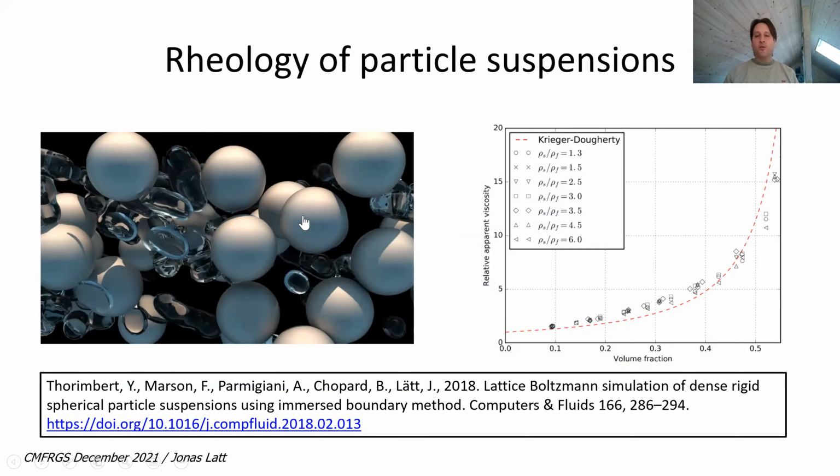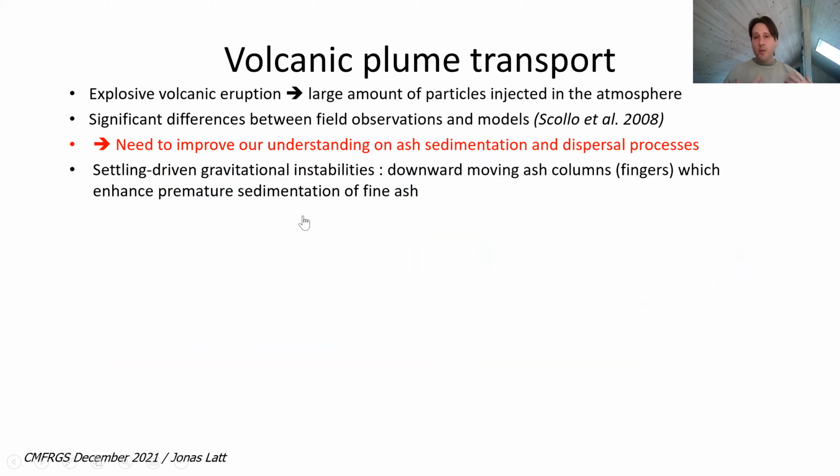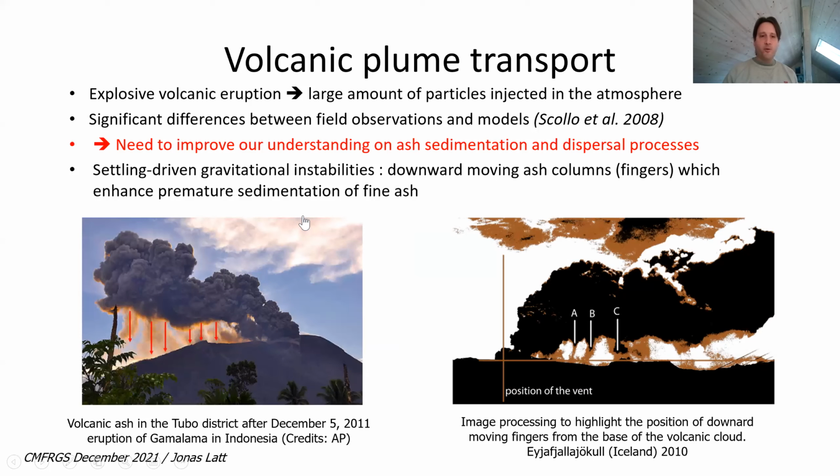The last topic, which we are working on a lot, is transport of ashes expelled by volcanoes during eruptions. Let me show you a picture of two eruptions, one in Indonesia on the left and one in Iceland, the Eyjafjallajökull, on the right.